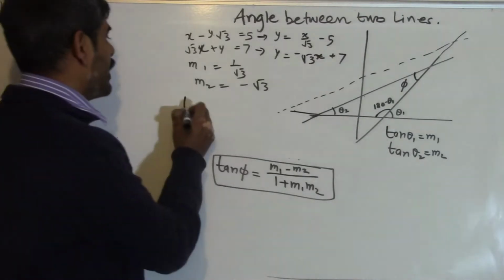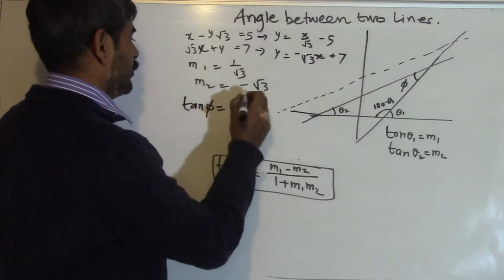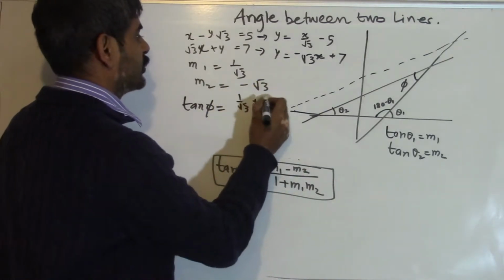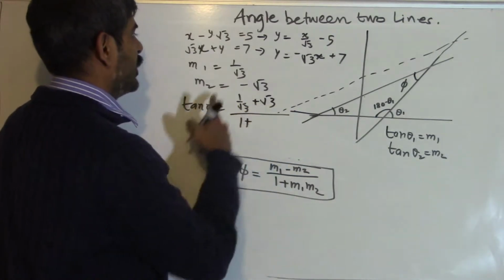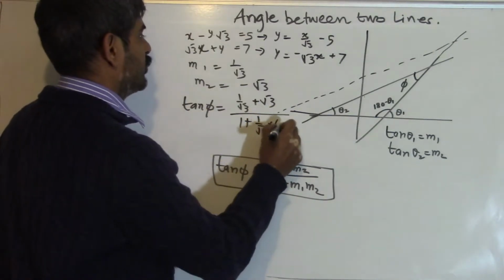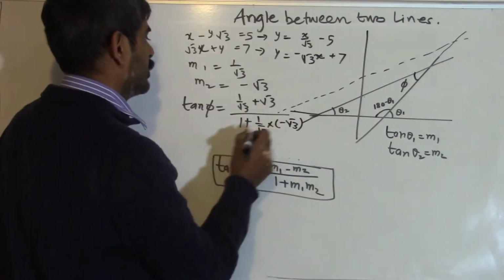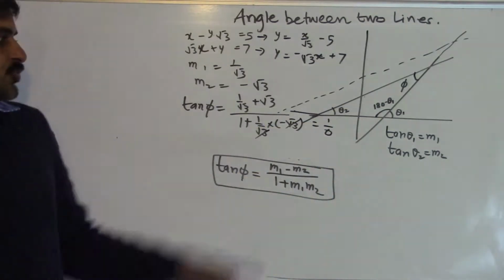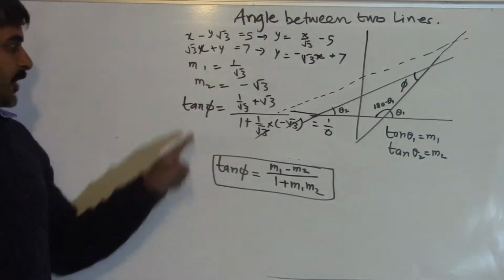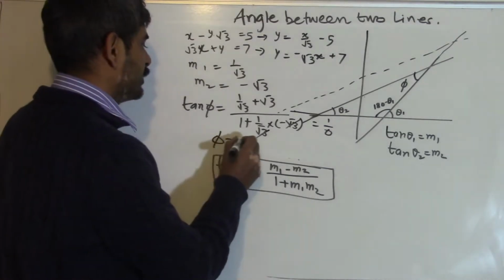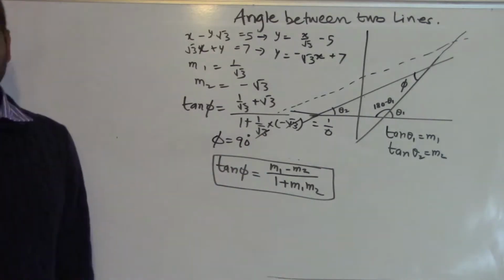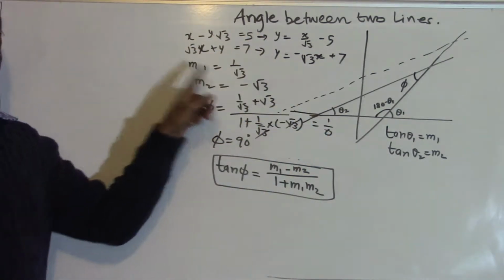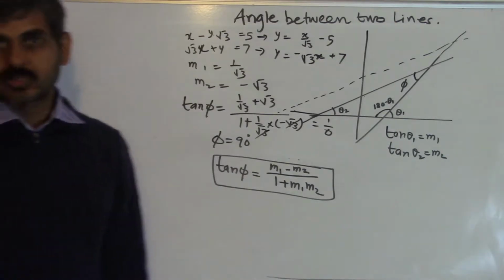So tangent of phi will be given by m1 minus m2, which is 1 upon root 3 plus root 3, divided by 1 plus 1 upon square root of 3 into minus square root of 3. Square root 3 cancels, 1 minus 1, this is 1 upon 0. And this is possible only when this angle phi is 90 degrees. In general, you can have a non-infinite value which will correspond to tangent of some angles.